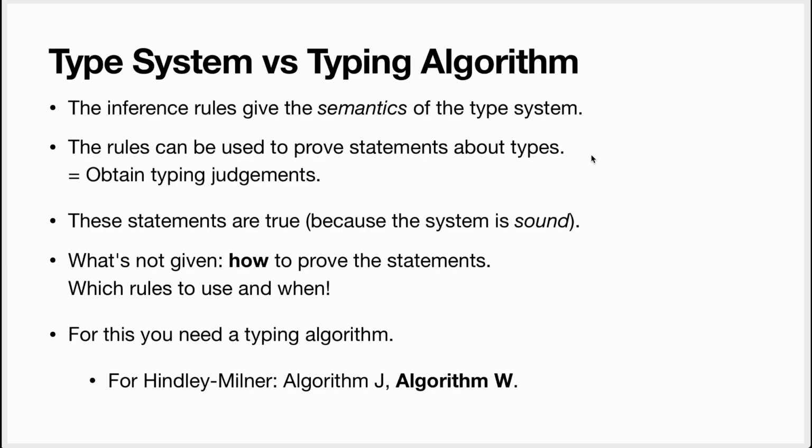What's not given to us, however, is how to prove the statements, which is to say which rules do we pick and when do we apply them. And to do that, we actually need a typing algorithm. For Hindley-Milner, there are 2 typing algorithms, algorithm J and algorithm W, and typically the practical one is algorithm W. These algorithms do have a close relationship with the underlying type system, and they indeed help with efficiently selecting and applying inference rules.